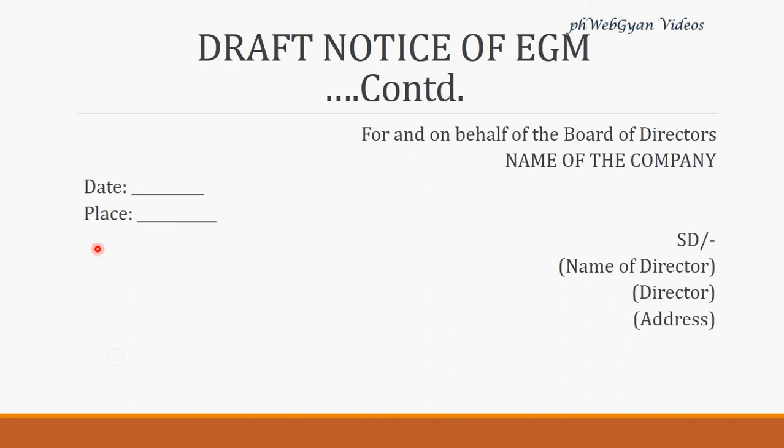So this is the case for the EGM. The only thing that would change for the AGM is that before these special businesses, ordinary businesses will take place, for which you do not need to mention the explanatory statement. Clear? And the second important change is about the consecutive number of the meeting. Okay, and again, the explanatory statement number should correspond to the business for which it is given.